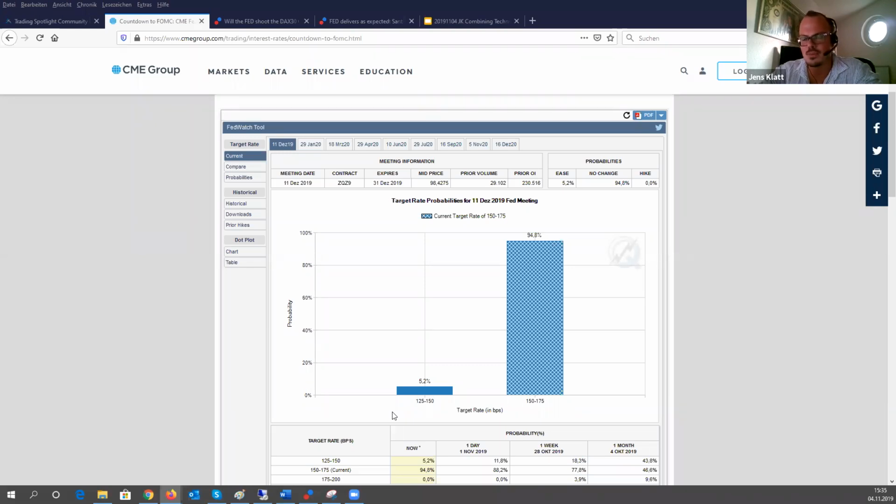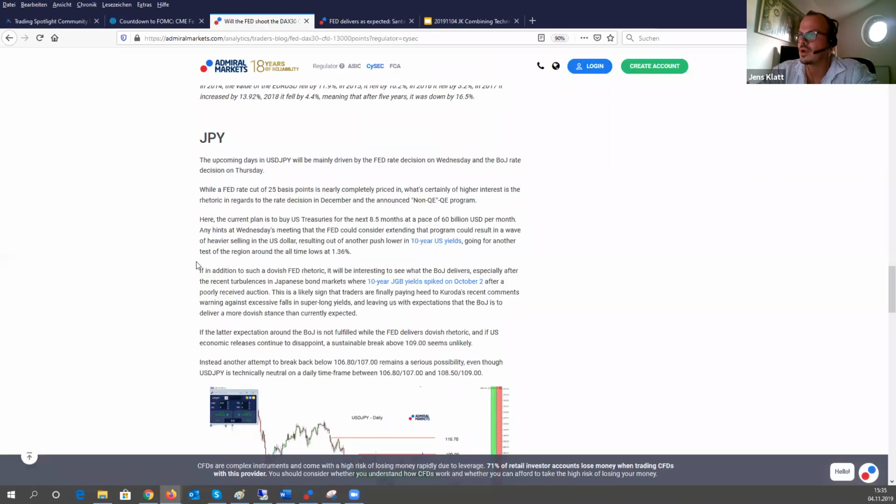So it needs to be something in the rhetoric which is delivered, respectively, since we're talking about currency pairs, another currency, in this case the JPY, might have triggered it. This is something you can also see here, where I said, if in addition to such a dovish Fed rhetoric, it will be of interest what the BOJ delivers, especially after recent turbulences in bond markets in Japan.